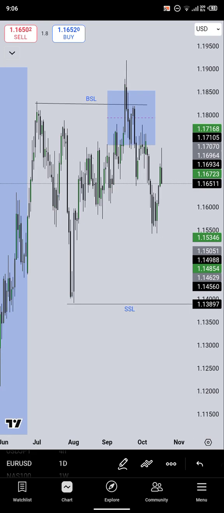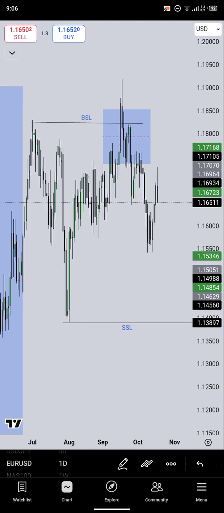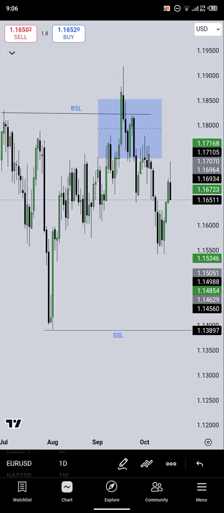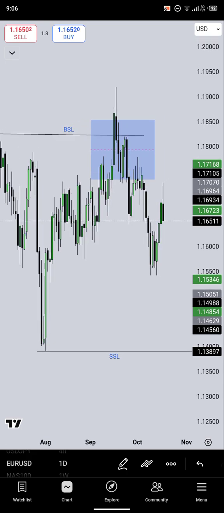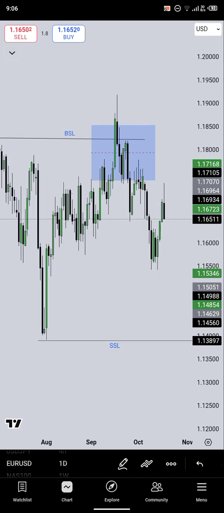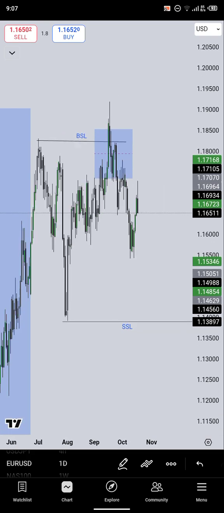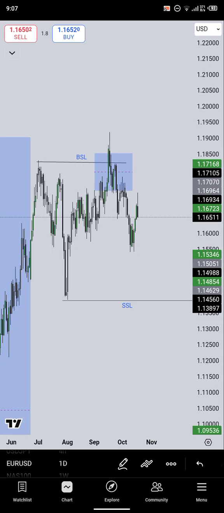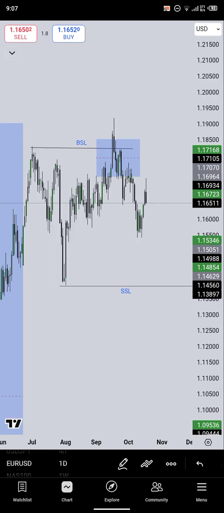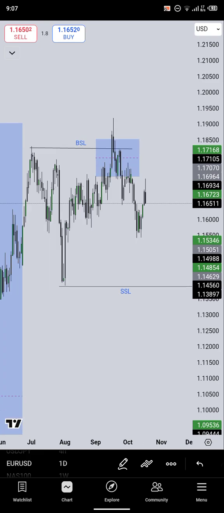We can see the sweep of liquidity, then we can see the change in state of delivery, and then we can see the fair value gap, and then price pushing below. So that's what I'll be looking at for Euro USD.